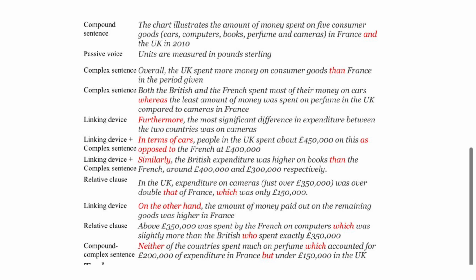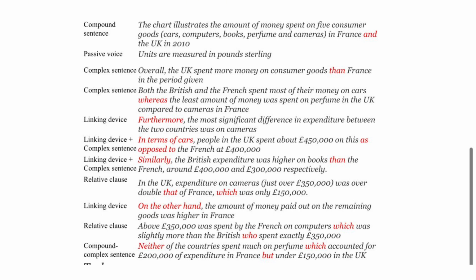On the other hand, the amount of money paid out on the remaining goods was higher in France. Above 350,000 pounds was spent by the French on computers, which was slightly more than the British, who spent exactly 350,000 pounds. Who, relative clause, it is used to refer to a noun which is placed earlier.